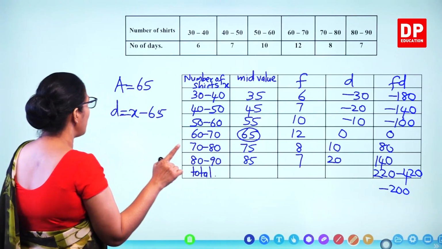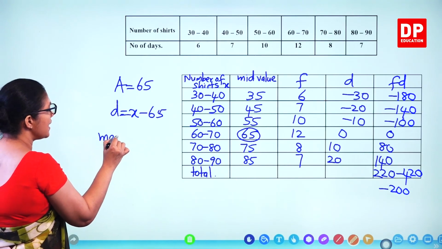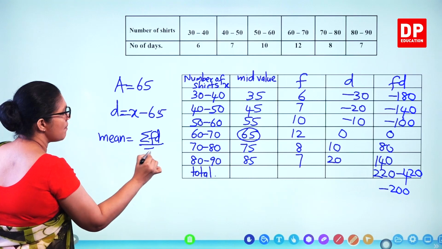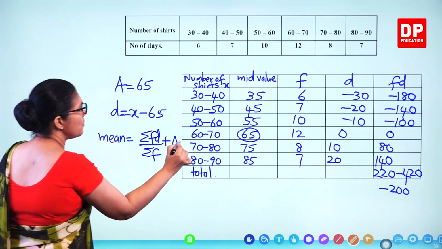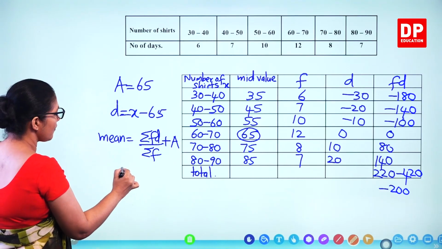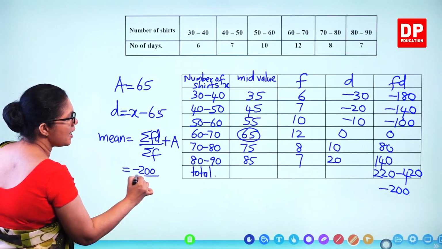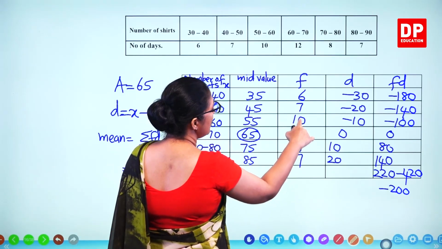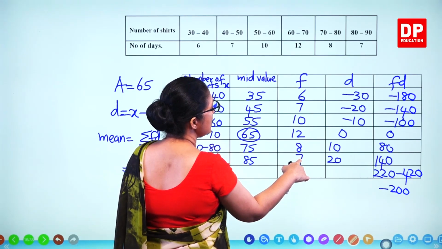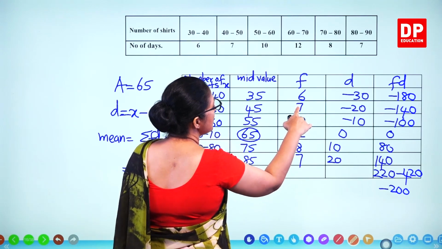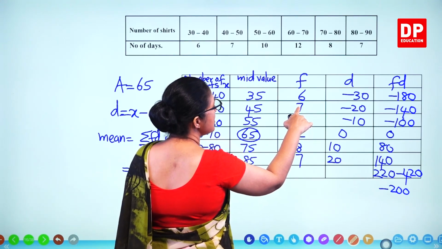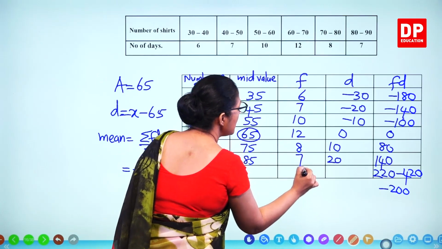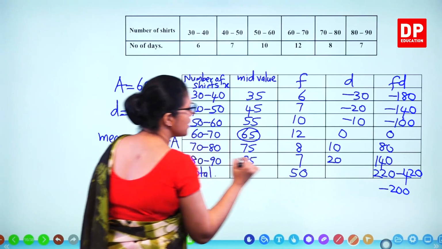We found sigma fd. So what's the mean? Sigma fd over sigma f plus the assumed mean. Minus 200 divided by the total frequency. 10, 17, 24, 30, so 50.